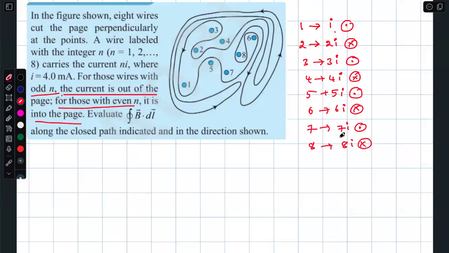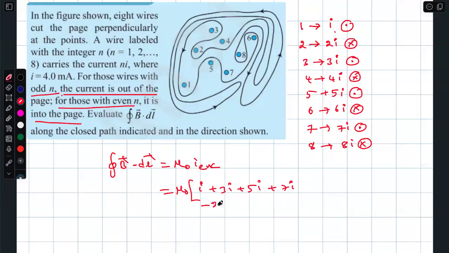Clear? What else do you want? Integral B bar dot dl bar is mu naught I enclosed. So all outward we will take as positive, meaning I plus 3I plus 5I plus 7I. All inward we will take as negative: minus 2I minus 4I minus 6I minus 8I.